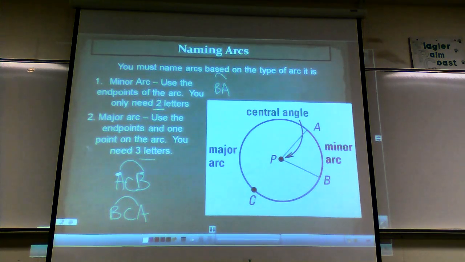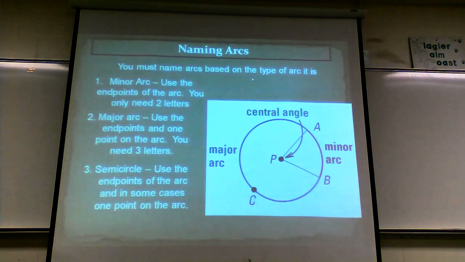Now, the other one that obviously is not up there would be the semicircle. With the semicircle, you're still using endpoints. If you are just indicating that you're talking about half a circle, and it doesn't matter which half you're talking about, you can use 2 letters to name the semicircle.